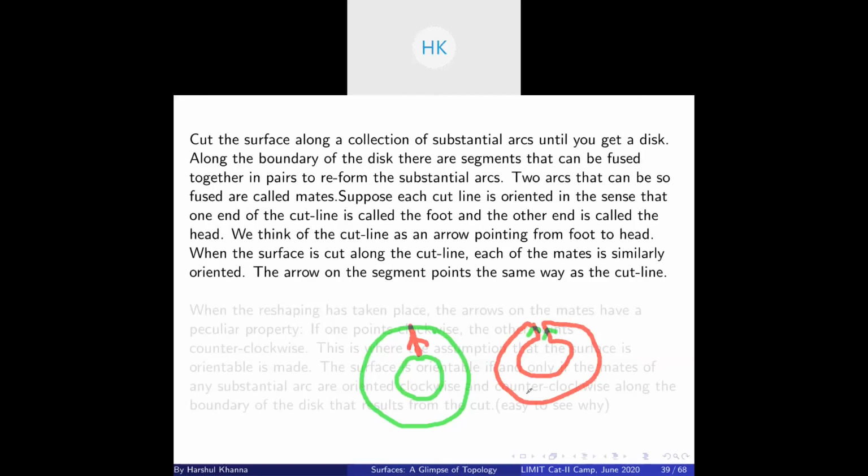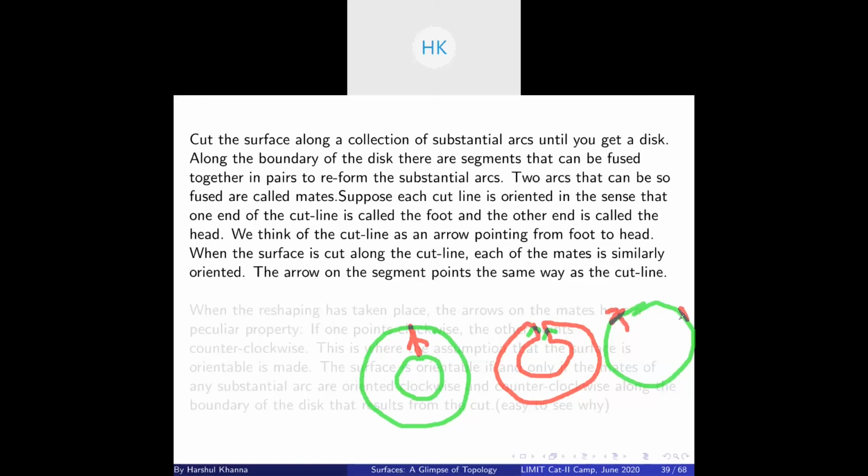This is essentially the same surface as before. Now what we do is make it into a disk. So this is a disk. So we just reshape it, and these arrows are now on the segment of the disk. Suppose this and suppose this. Now the unique thing about this is the arrows have to point opposite of each other.